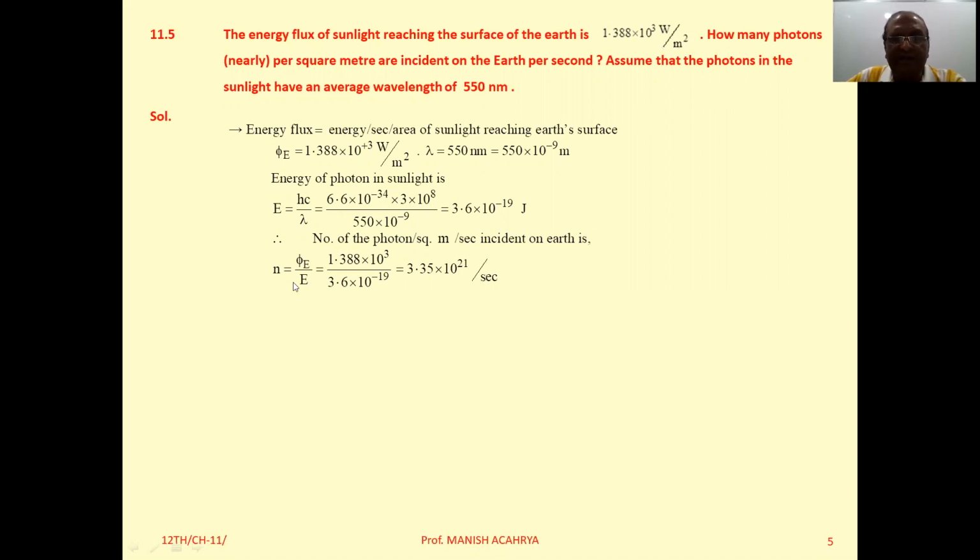So you can write N equal to intensity upon energy of a photon. So 1.388 into 10 raised to 3 upon 3.6 into 10 raised to minus 19. Solve it. You will get 3.35 into 10 raised to 21 per second. Clear?